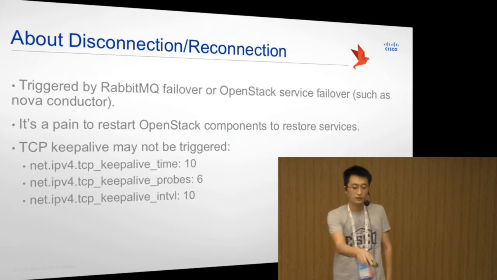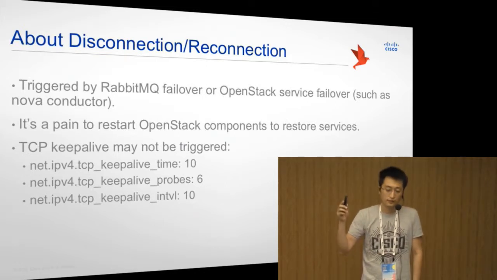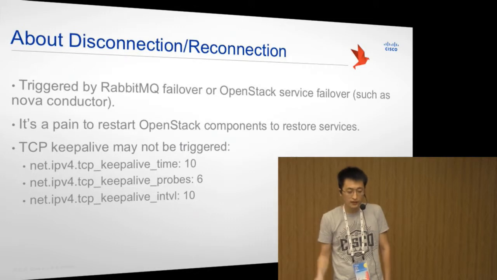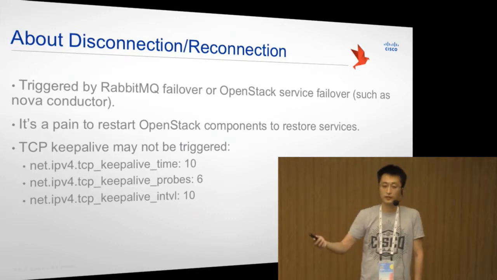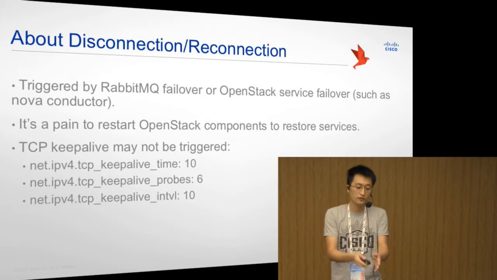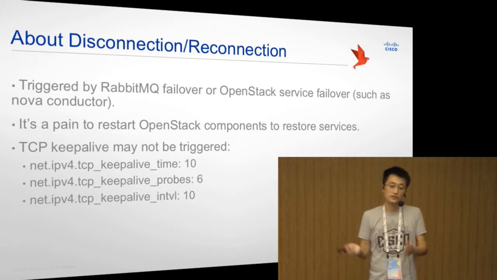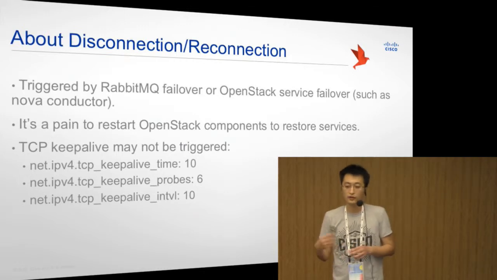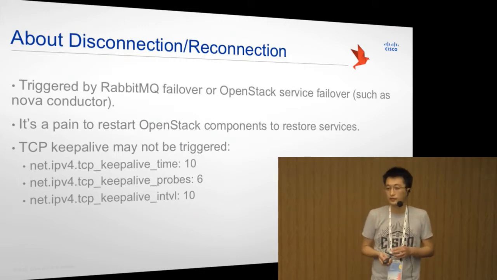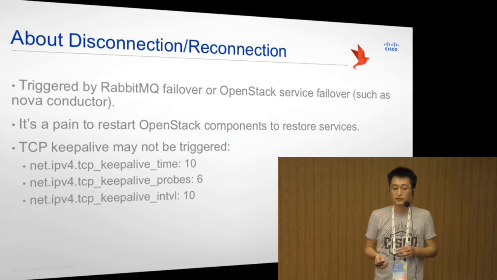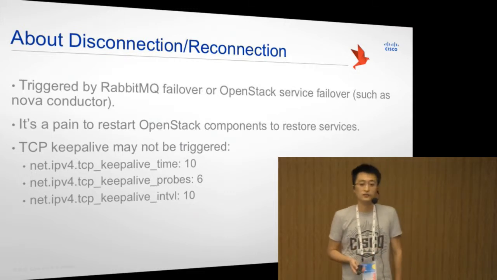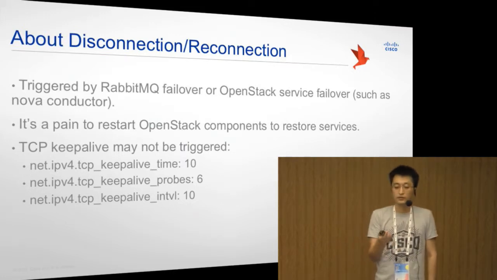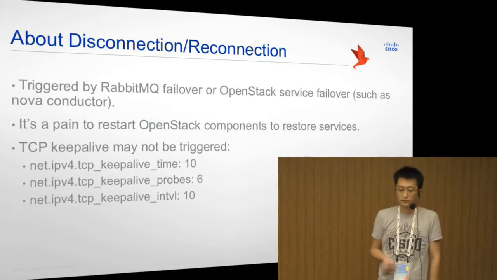For example, here, after 10 seconds, it starts probing with the interval you set here. But if the connection is not idle, for example it is waiting for an acknowledgement but never gets the packet, then this TCP keepalive setting will never be triggered. So in that case, you will probably still see the connection issue.